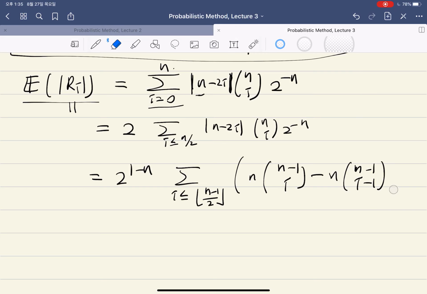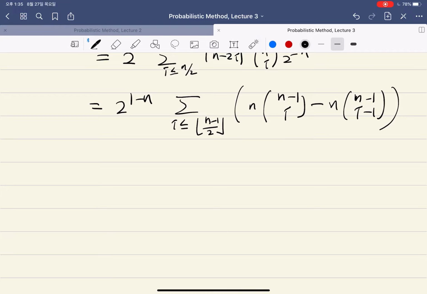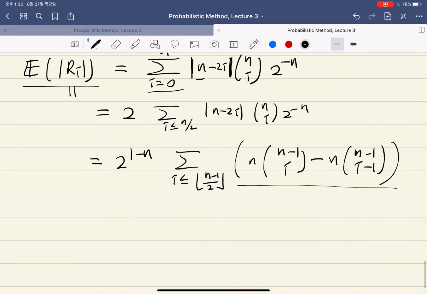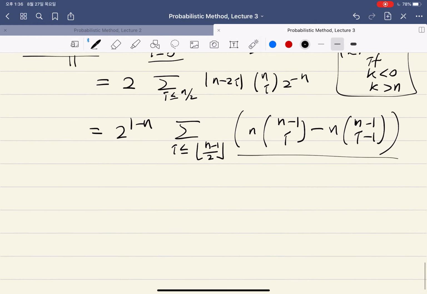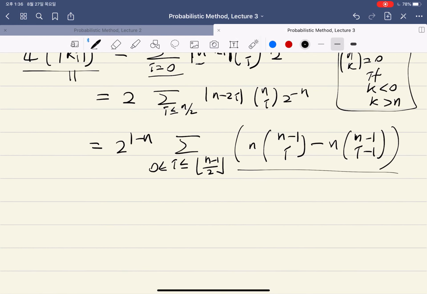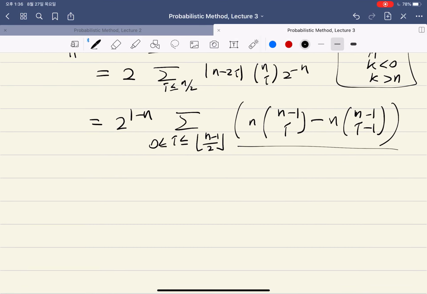You can just rewrite each term in this way, and you can telescope. Let's say n choose k is 0 if k is smaller than 0 or k is bigger than n. Then let's say it starts from 0 to n. Let's just take out n, the common element. Then that starts from this minus this.